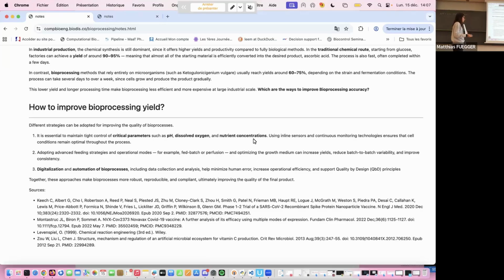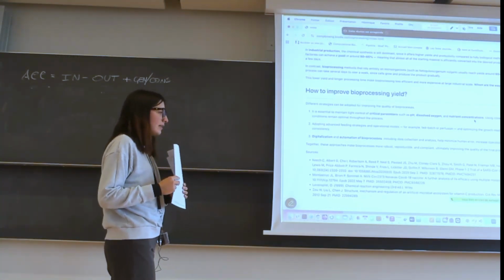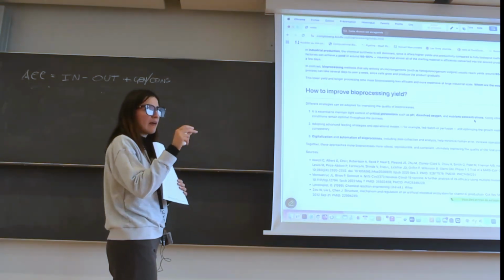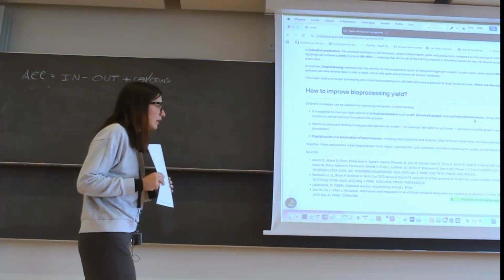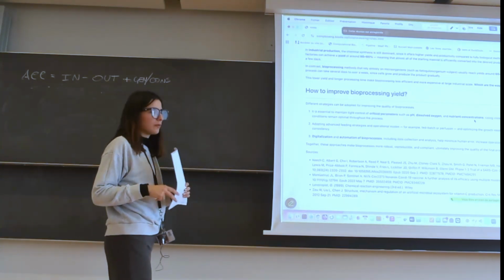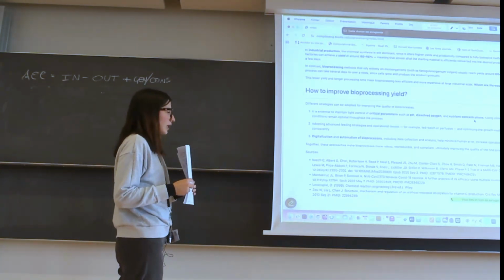We can also improve the digitalization and the automation of the bioprocess, especially in terms of data collection and analysis, in order to improve the quality check on the product, even in the case when we don't have an assay for checking that specific property. So these were the steps that are possible to take in order to increase the yield of the bioprocess.